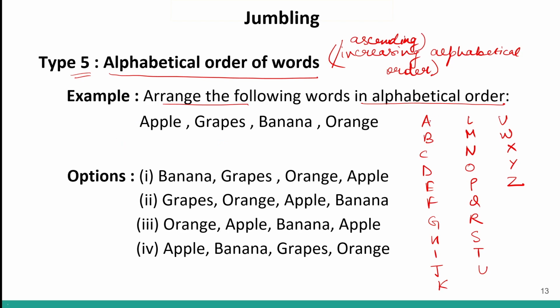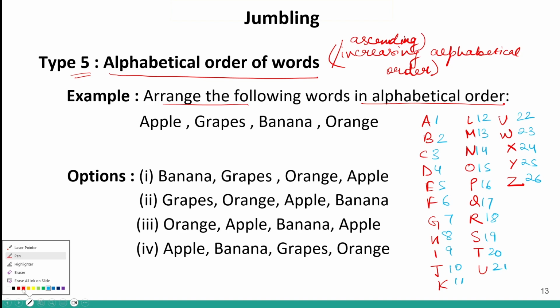If you remember forward ranks, let me give them ranks. I'm just giving them ranks. So forward ranks 1, 2, 3, 4, 5, 6, 7, 8, 9, 10, 11, 12, 13, 14, 15, 16, 17, 18, 19, 20, 21, 22, 23, 24, 25, and 26. So these are your forward ranks.